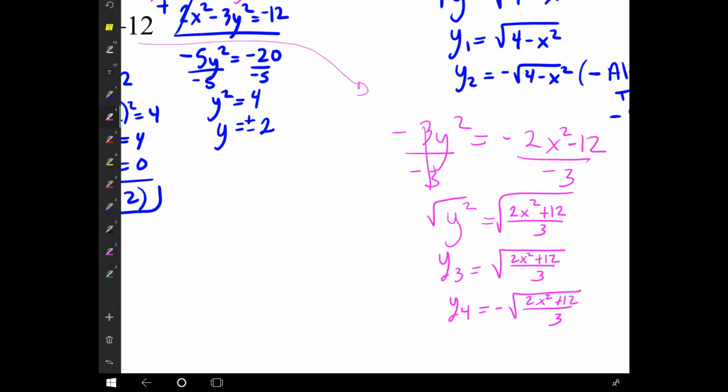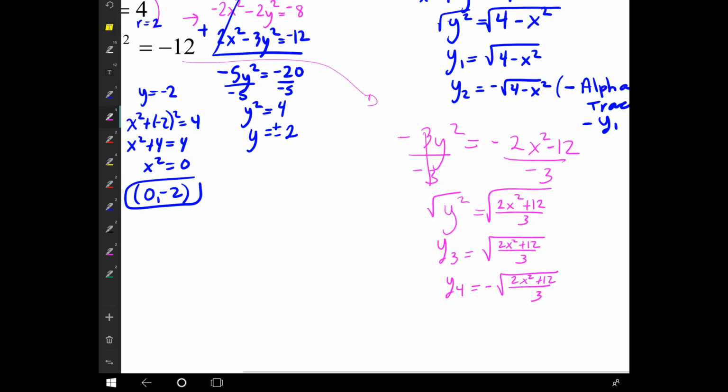So I press graph. Here comes my hyperbola. Notice you've got that coming up there. And my other hyperbola piece. Now I might want to zoom in a little bit here.